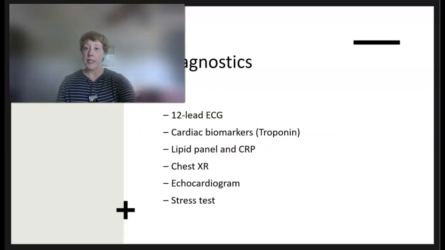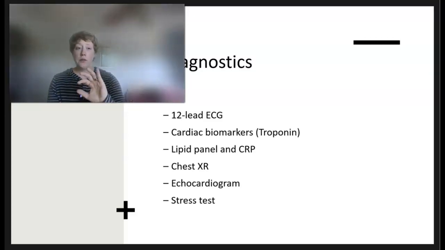Our diagnostics for coronary artery disease, or chest pain for that matter, are these. So a 12-lead EKG, cardiac biomarkers or troponin levels, and these are particular to the heart. A lipid panel, CRP checks for inflammation, and a chest x-ray to make sure the heart structures look okay.